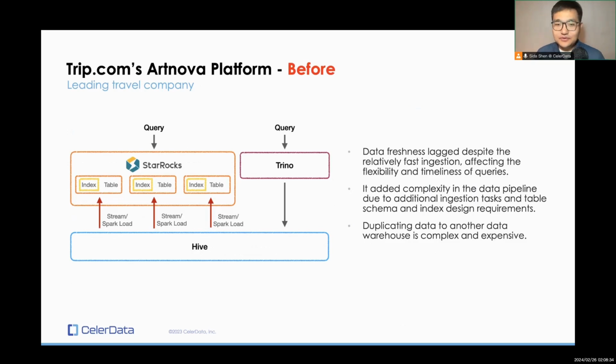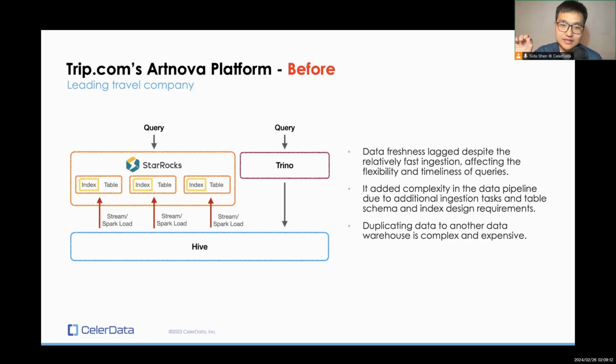Despite StarRocks being able to solve the performance problem as a data warehouse, data freshness still lagged a little, and it also added complexity in the data pipeline, because of the additional ingestion tasks they had to maintain, and a whole other set of table schema design and index design within StarRocks. This was also a data governance nightmare, because they were duplicating their data out of their Hive data lake into another system.